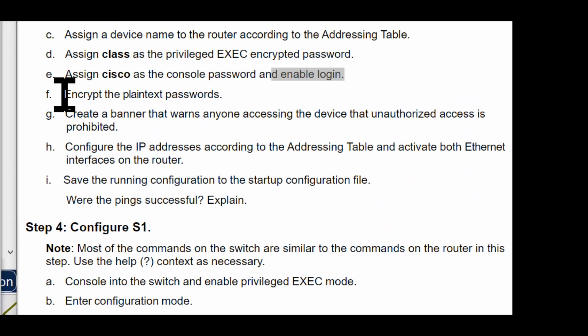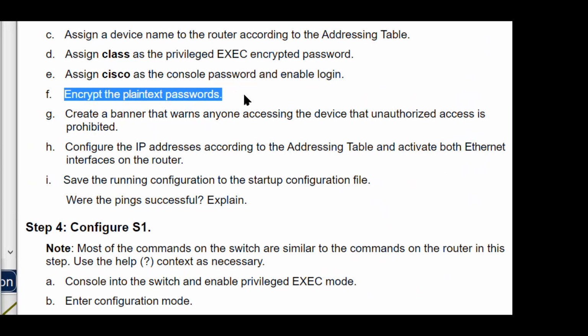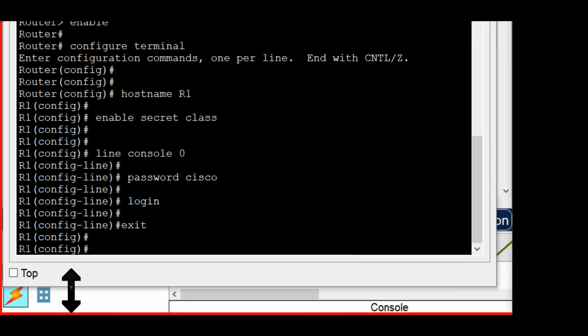So let's take a look at part F. Part F requires us to encrypt the plain text password. So to do that, we'll go over here and type in this command, service password-encryption.